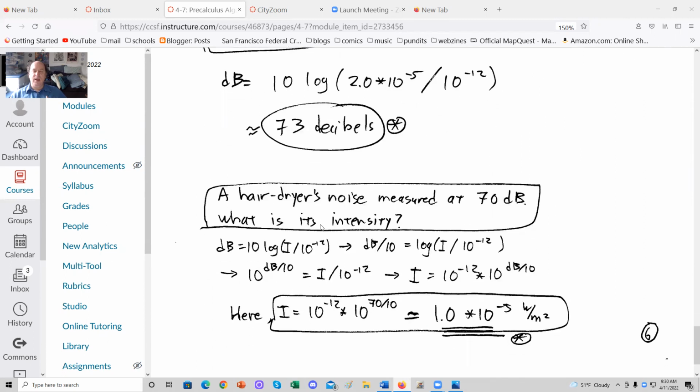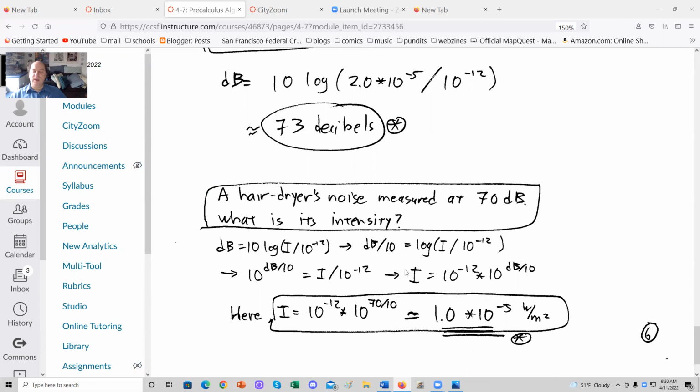All right. Here a hairdryer's noise is registering at 70 decibels. What's its intensity? As before, decibel equals 10 log of intensity over 10 to the negative 12. So we want to solve for I. First divide both sides by 10, then transpose the logarithm, get powers base 10: 10 to the dB over 10 equals I times 10 to the negative 12.